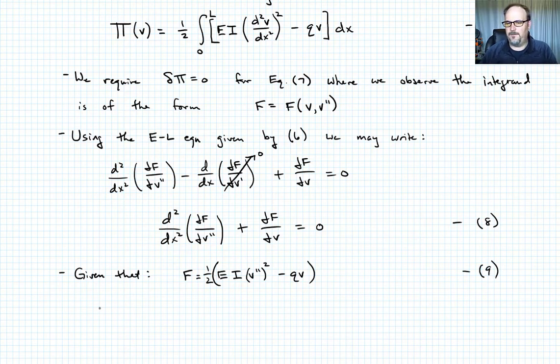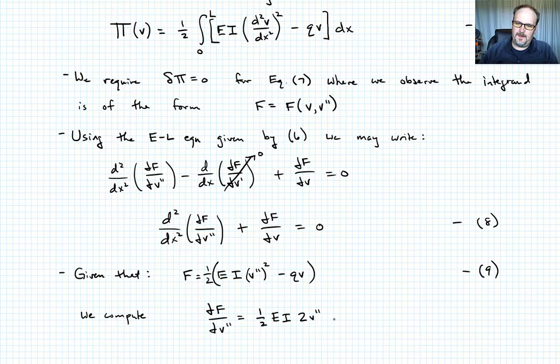We can compute partial f with respect to V double prime and partial f with respect to V. So partial f with respect to V double prime looks like 1/2 times EI times 2 times V double prime.